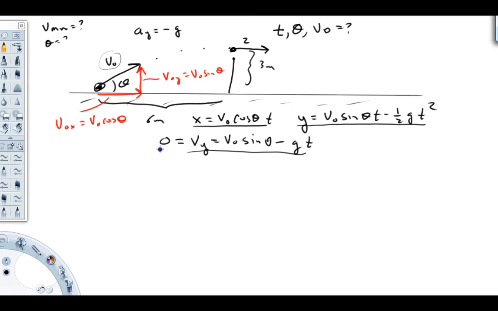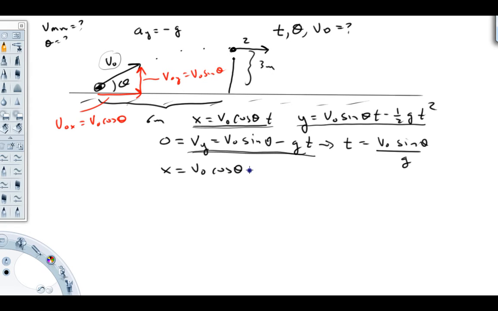So the first thing I'm going to do here is couple this equation with this one. So from this equation here, we can say that t is equal to v sub o sine theta over g. If we take that expression and we sub it here, our new equation reads x equals v sub o cosine theta t.